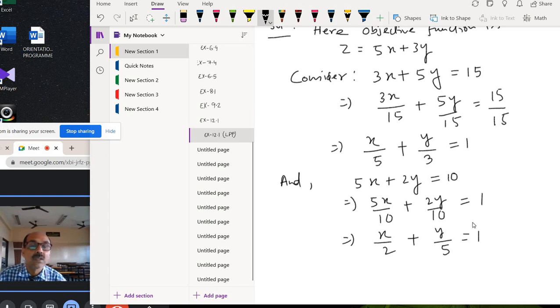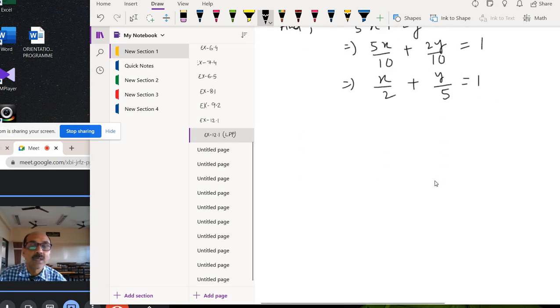Now we have to draw these two lines. So first draw the x-axis and y-axis.